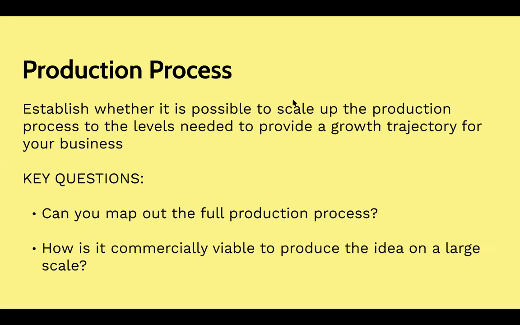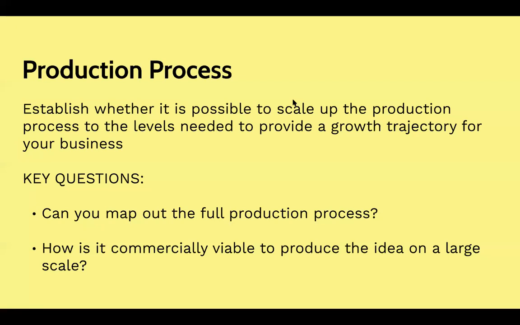So it's really important to be able to clearly show that something that may, say for example, work well as a concept that's 3D printed, can actually be converted by its design into a fully scalable product that can then be commercialized and distributed. And with this, it's looking at, can you actually map out the full production process?